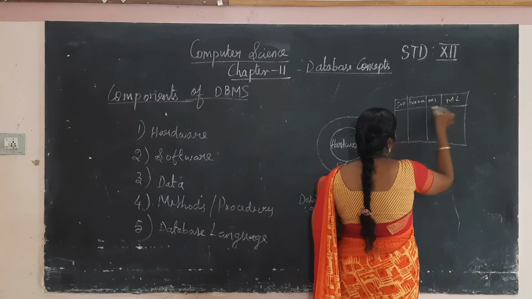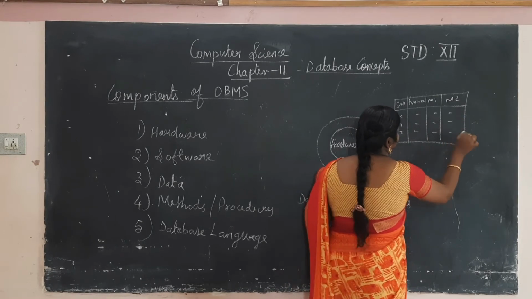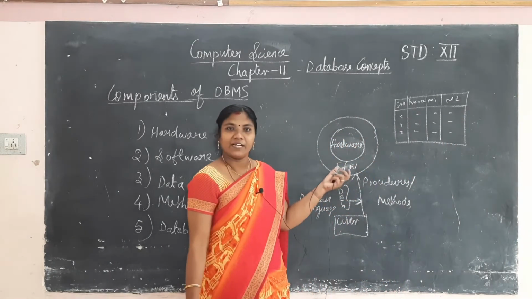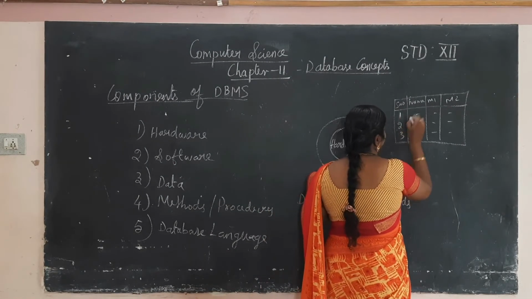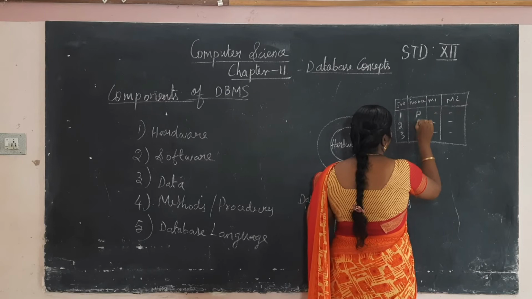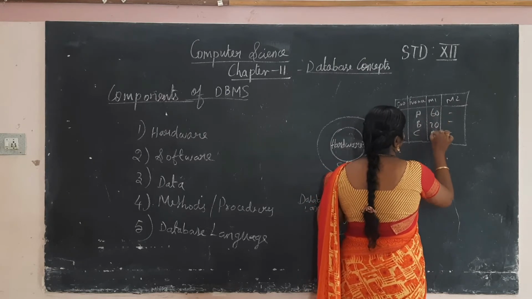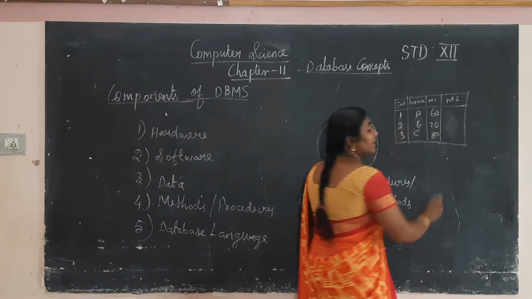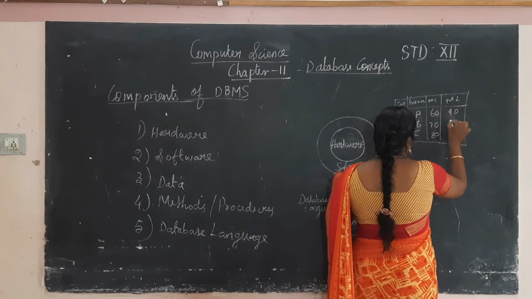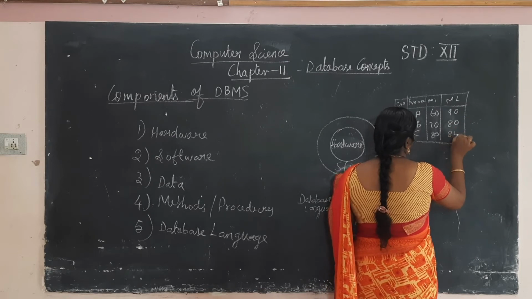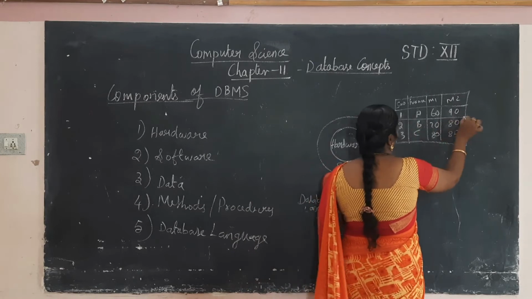Suppose I have my data: 1, 2, 3. Let me give the values A, B, C. And here I have 60, 70 and 80. And in mark 2, let me have 90, 80 and 85. Right. This is a table. Okay.